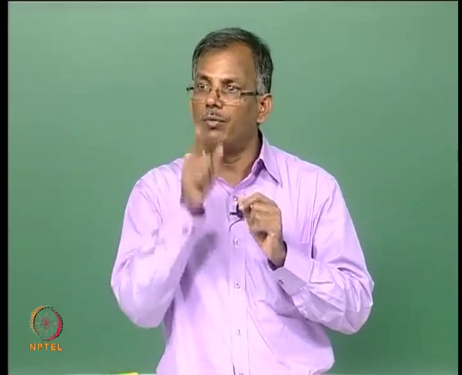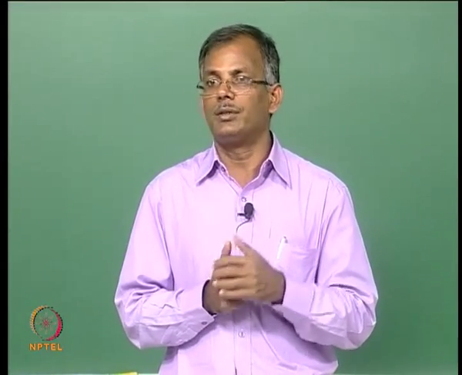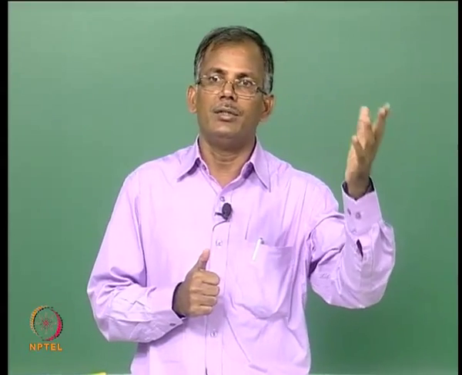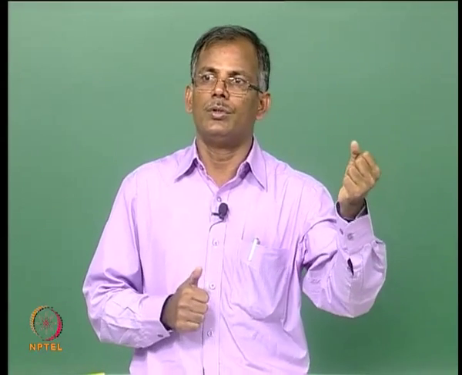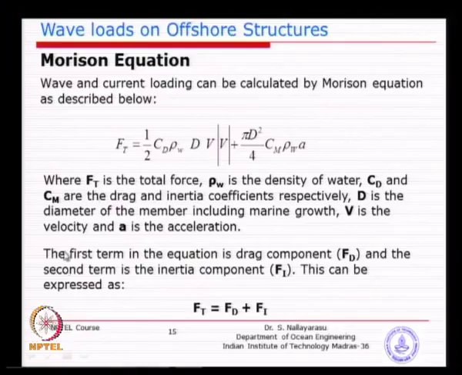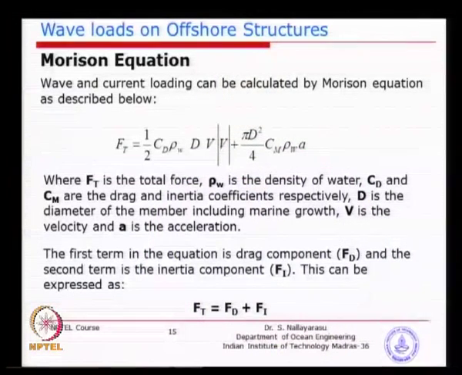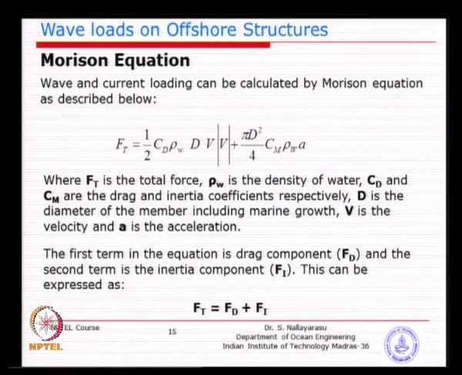So, we need to find out what that time instant is, because when you use maximum velocity you may have a maximum drag force, but that may not be the absolute maximum total force, because the other component has become 0, whereas when you use the maximum acceleration, at that time velocity is 0, but that may also not be the maximum total force.